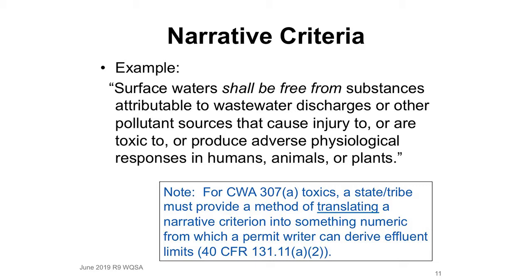So it's pretty all-encompassing. And then there is this note, which I mentioned before, that you must provide a method for translating narrative criteria into something that can be used in a permit.